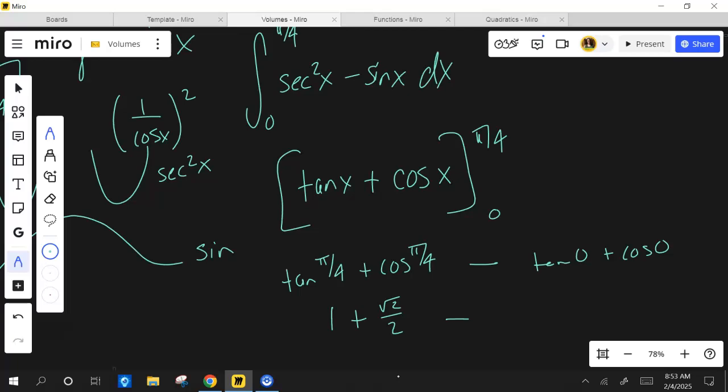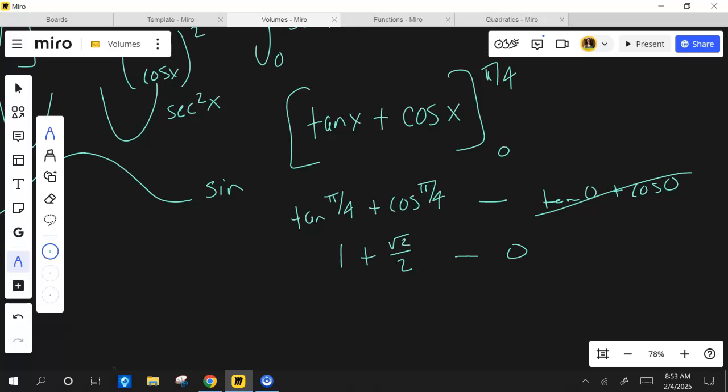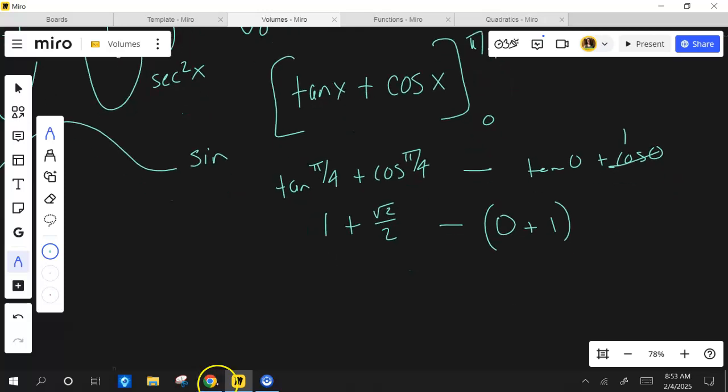So cosine of 0 doesn't matter because this is just 0. So 1 plus root 2 over 2. No, that's not right, because it's minus. Technically, it's minus 1 because it's negative. So technically, that's just square root 2 over 2. All right, that's right.